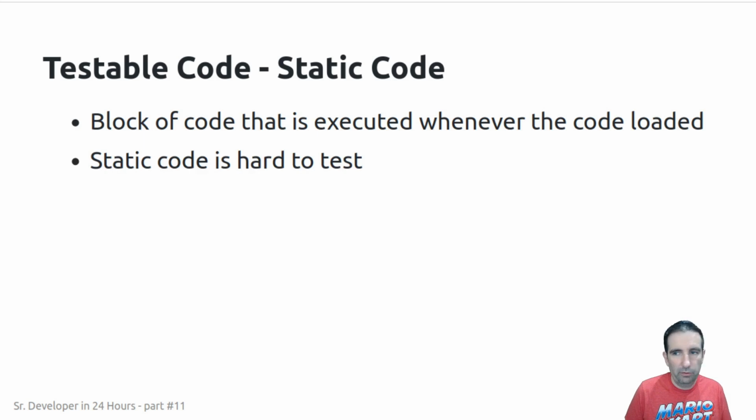Normally static code is hard to test. And there are reasons why sometimes we have to use static code. Sometimes it's a performance issue. We don't want to deal with the overhead of using some kind of dependency injection, things like that. So as much as possible, we want to avoid it, but sometimes we have to deal with it.